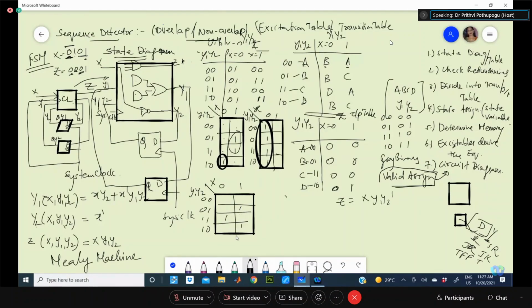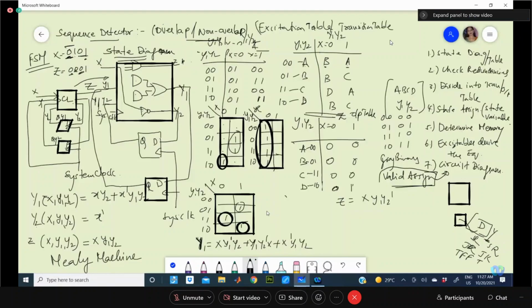Okay, now this is giving you an equation of capital Y1 equal to x y1 dash y2 or y1 y2 dash x or x dash y1 y2.